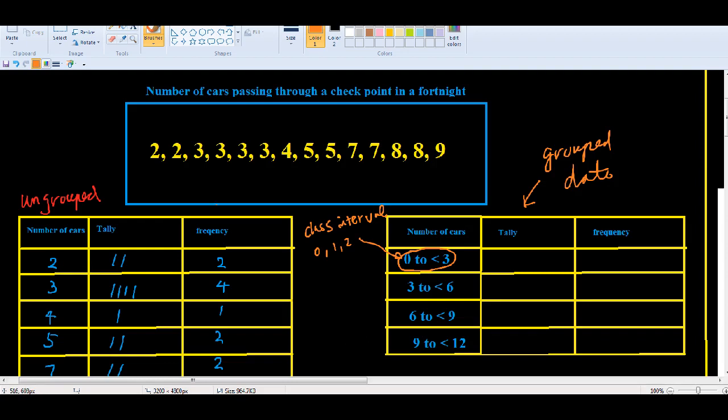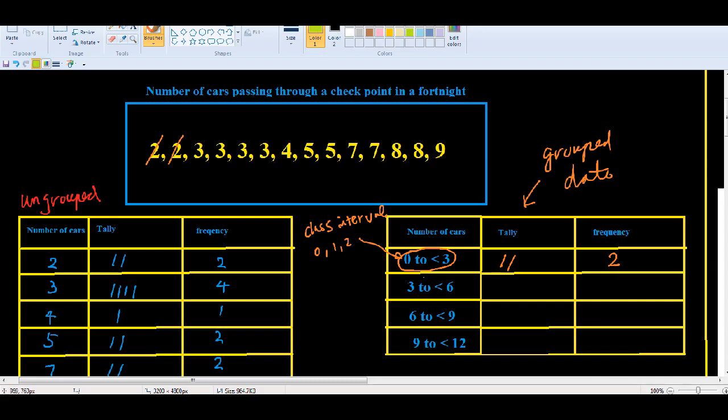You see how many data are from 0 to less than 3. If you check, you can see that's 2. 3 is not included, because it's 0 to less than 3, not including 3. So there are only 2 of them, so you write 2. Next, we look for 3 to less than 6.